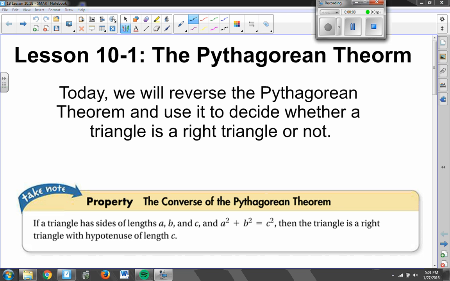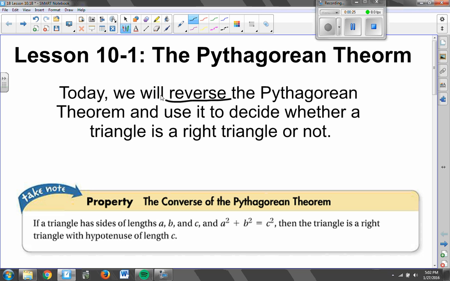We are still working on the Pythagorean theorem, a squared plus b squared equals c squared, but today we are going to reverse that theorem, that formula, and use it to decide whether or not a triangle is a right triangle.